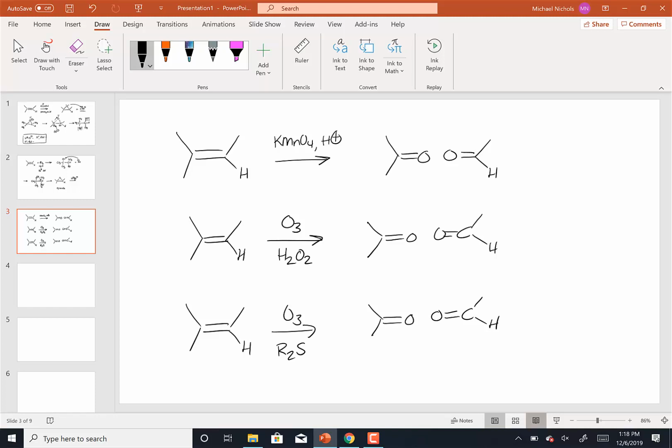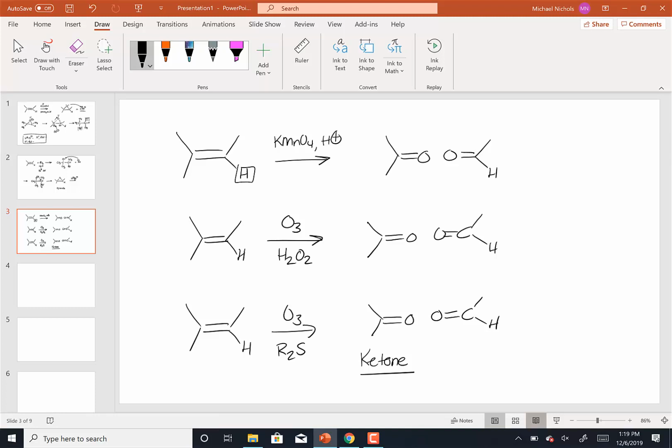Now, after I do the cleavage, I then have to think about the products that I made. In this case, I made a ketone. Once you make a ketone, there's nothing further that can happen to it. It's done. It's where it needs to be. But with the other molecule, if there's an H attached to a double bond, initially I'm going to make an aldehyde.